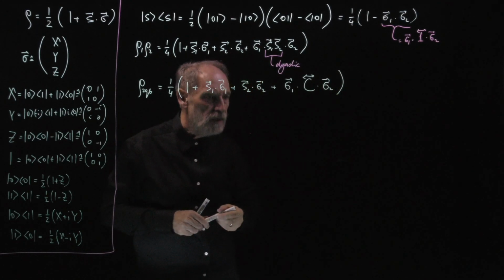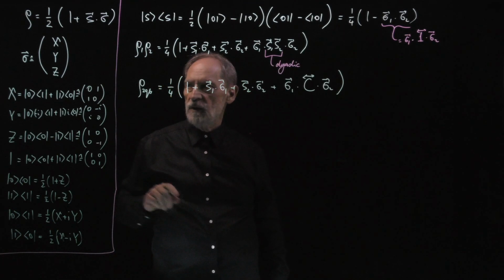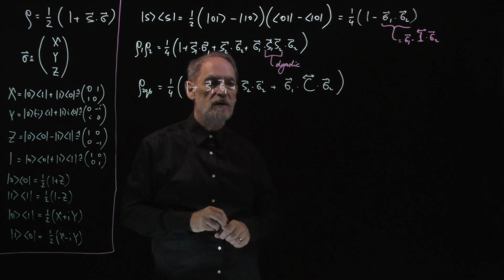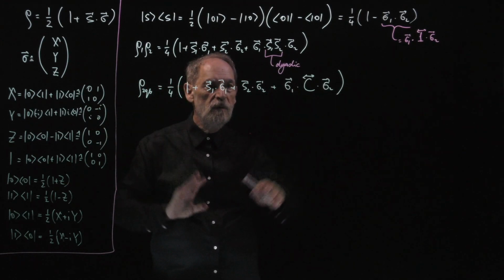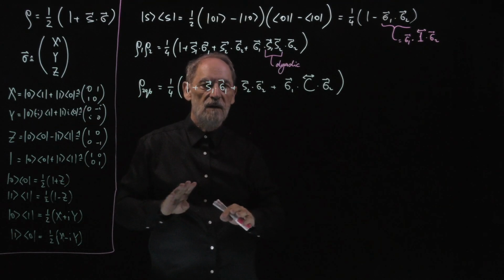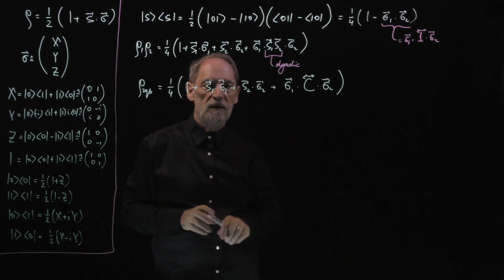And how do I know that this is all we can have? Well, we know that because all functions of a sigma operator are a linear function of the sigma operator. So now we have two sigma vector operators. So we need something that is at most linear in each of the sigma vector operators.